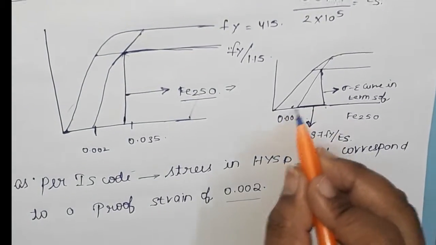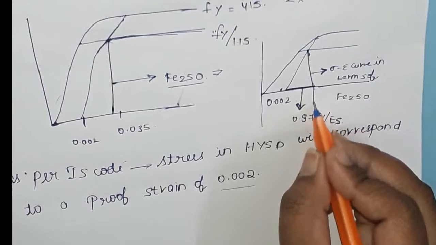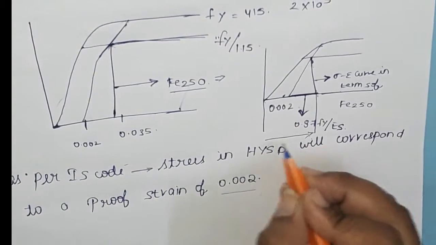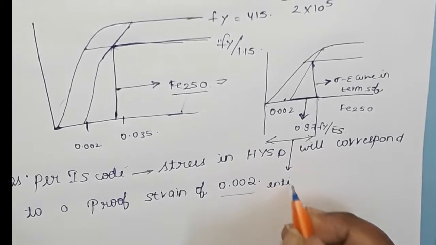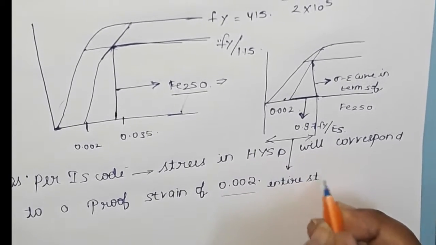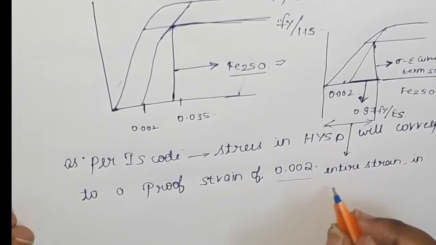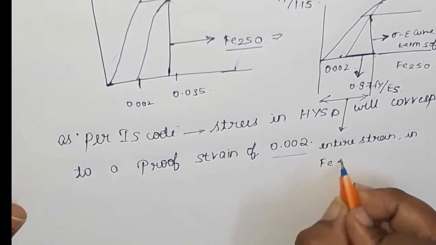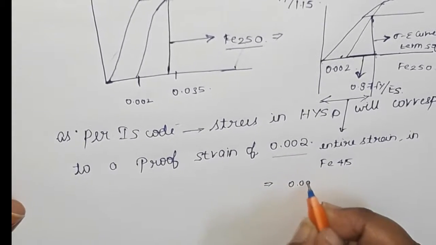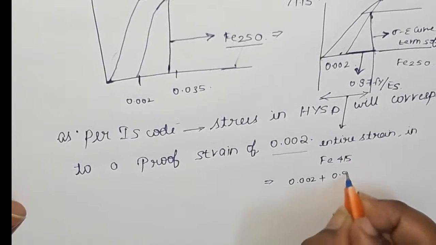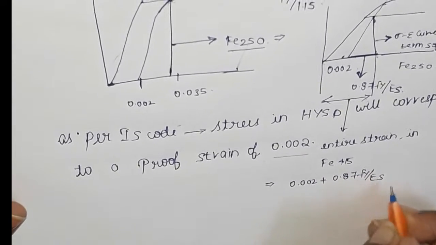So therefore the entire strain in this part represents the entire strain in Fe 415, that is equal to 0.002 plus 0.87 Fy by Es.